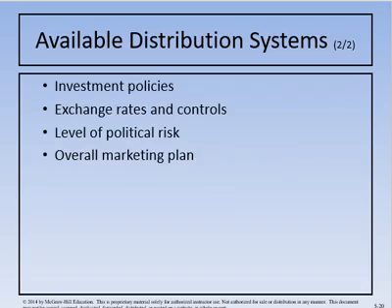Next is a look at the investment policy, exchange rate and control, level of political risk, and the overall marketing plan. The level of political risk will reflect on the economy of the country.